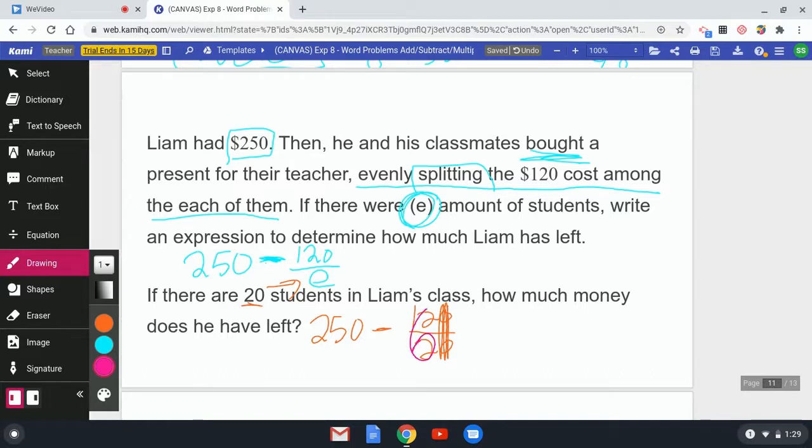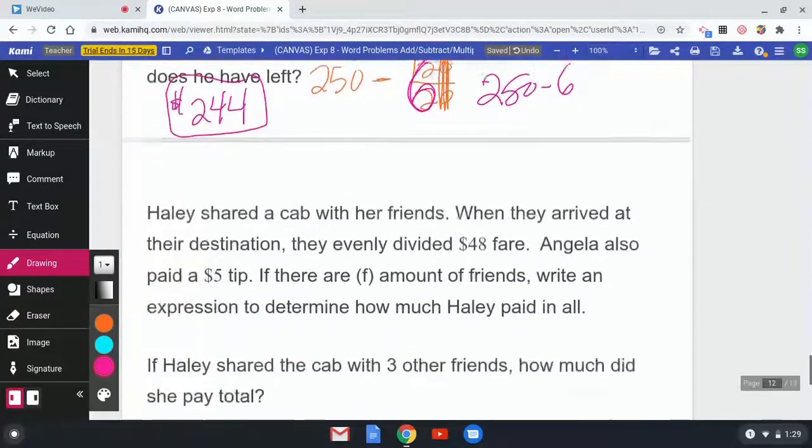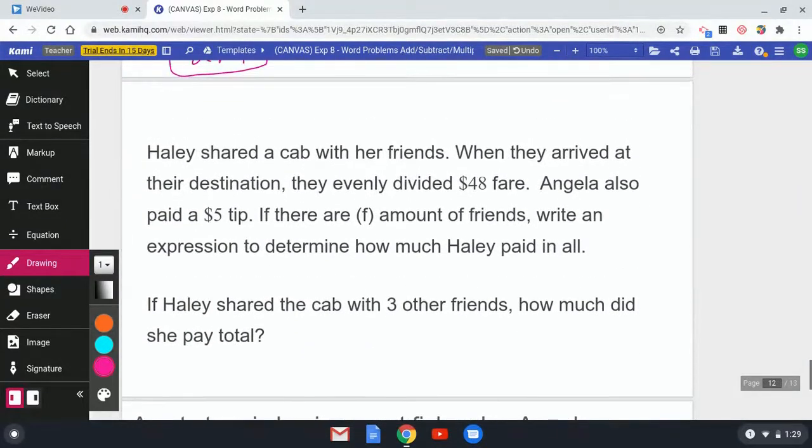Yeah, 12 divided by 2 is 6. So 250 minus 6. And what does that equal? $244. Fantastic. He still has quite a bit of money. Try this one on your own.